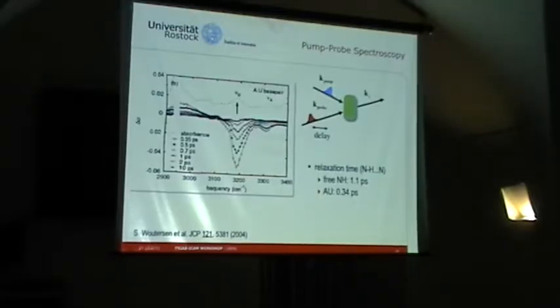Now, for hydrogen bonding, you add up all the anharmonic couplings between the different modes, which make the lifetimes very short. In fact, the lifetime shortens by a factor of about 3 upon hydrogen bonding. So the hydrogen bonded base pair, once you excite the proton stretching vibration, redistributes the energy much more efficiently than the free molecule. That's the message.